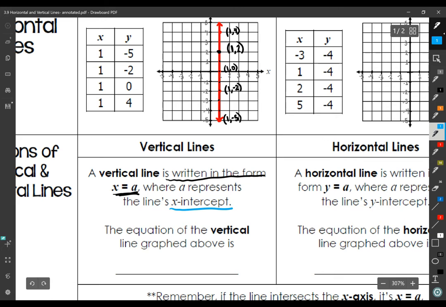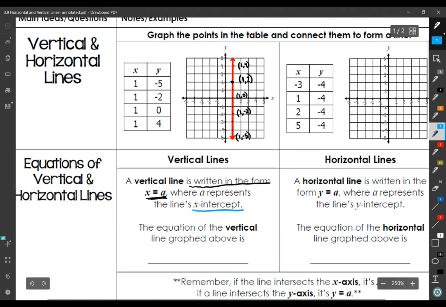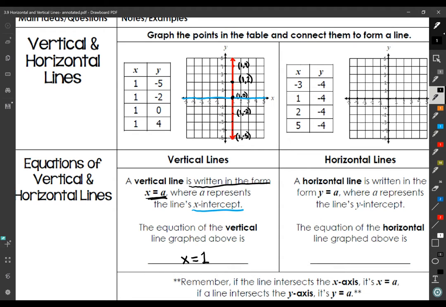We've talked about y-intercept, but let's talk about x-intercept. The x-intercept is the point where your line crosses the x-axis. So what is the value of your x-intercept? Well, it's equal to 1, right? Our line passes through our x-axis at 1.